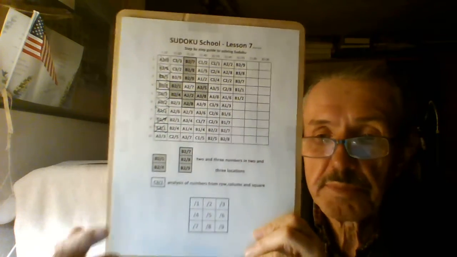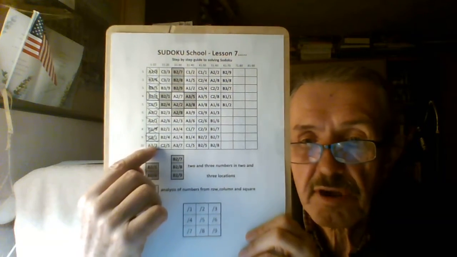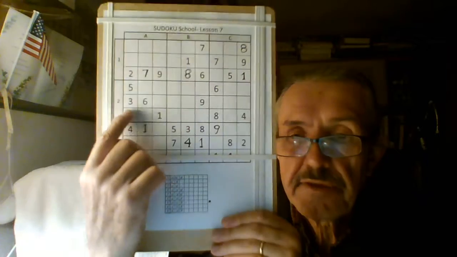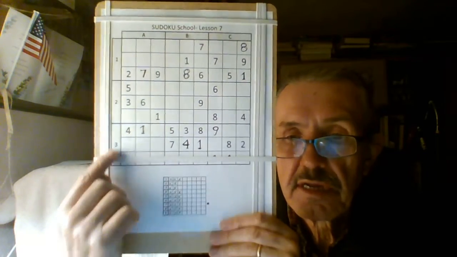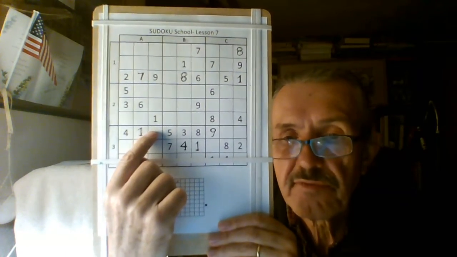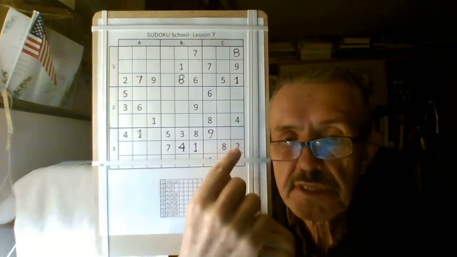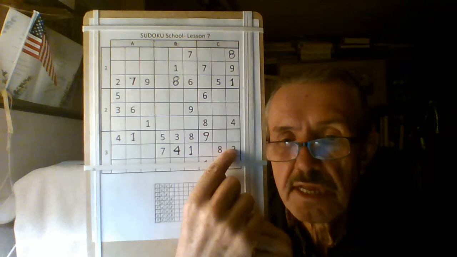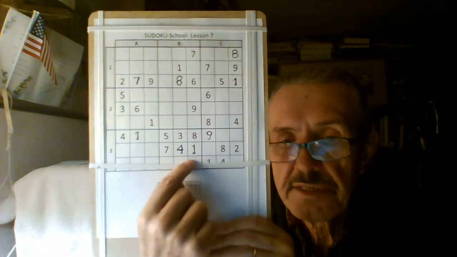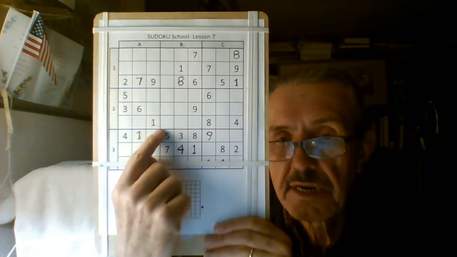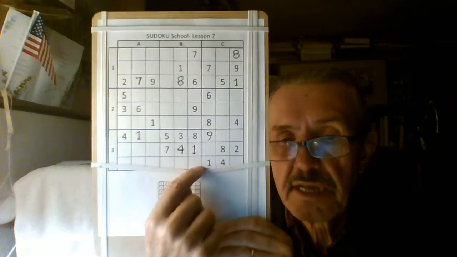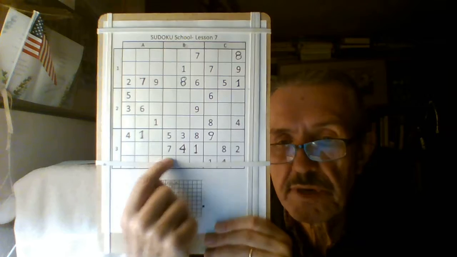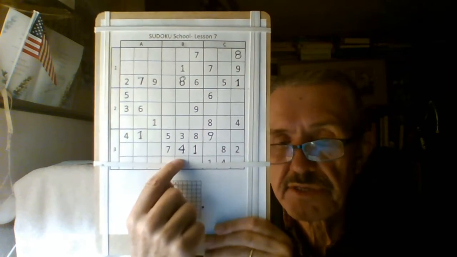Next step will be square A3, location 3. Square A3 is over there, location 3 is over there. You're looking for number 2. As you see, in this row 2 already exists, and in this square B3, number 2 has to be somewhere over there in this free location.